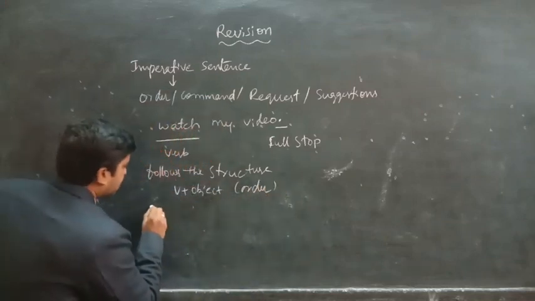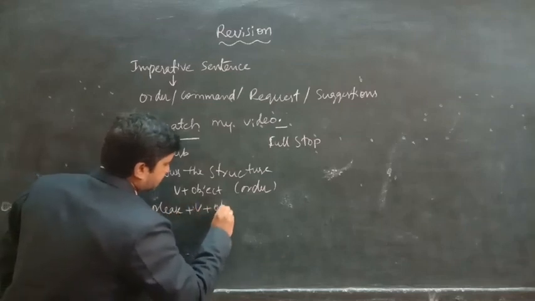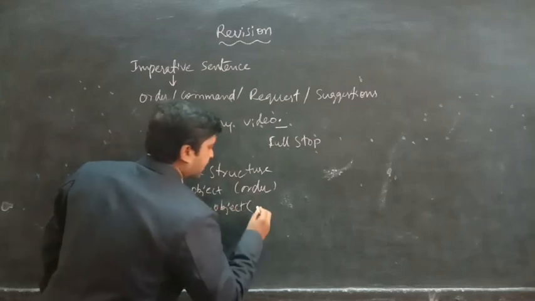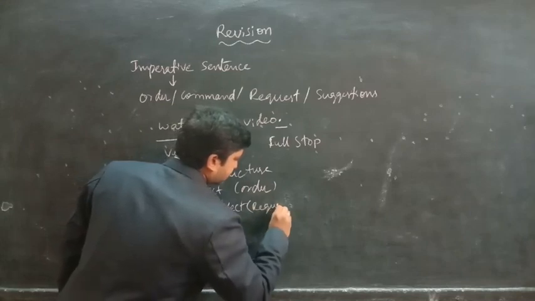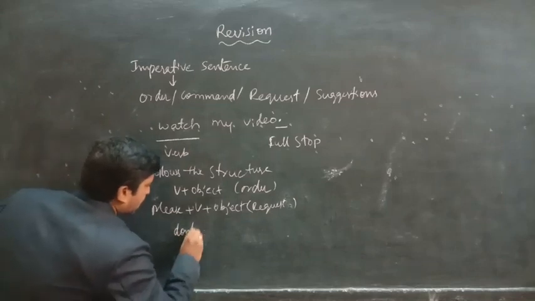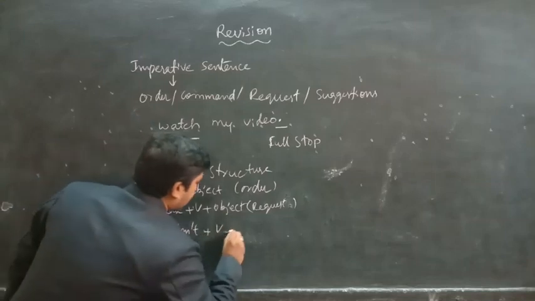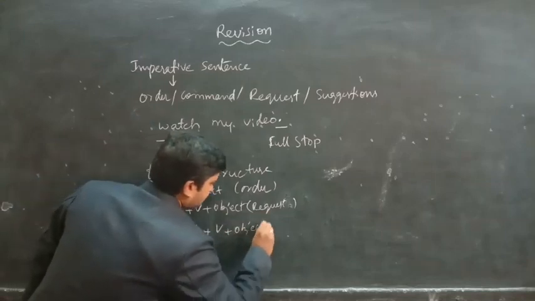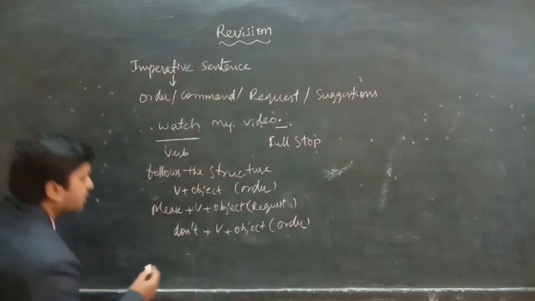for order. Please plus verb plus object for request. Don't plus verb plus object for order.